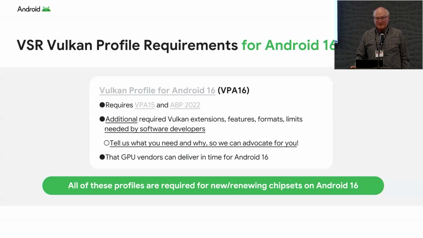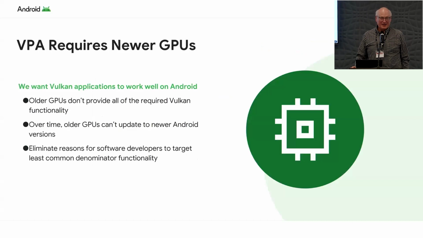And with VPA 16, this was the first time we started saying we're going to raise the hardware requirements, right? There are cases where some older GPUs didn't provide everything that people needed. And so we're going to start saying, if you're going to do new silicon, you have to meet these requirements.